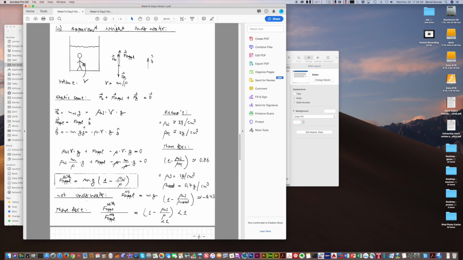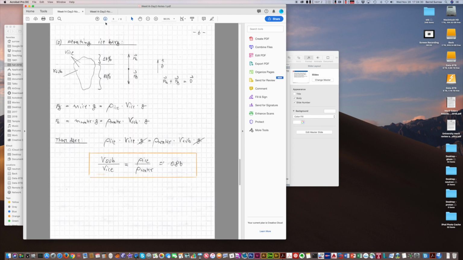Let me calculate now this scenario for a floating iceberg and really account for the fact that for an iceberg, the largest fraction is actually underneath compared to the top part, which came, I believe it was in 1912, when the Titanic actually crashed against one of these icebergs in the Newfoundland area.